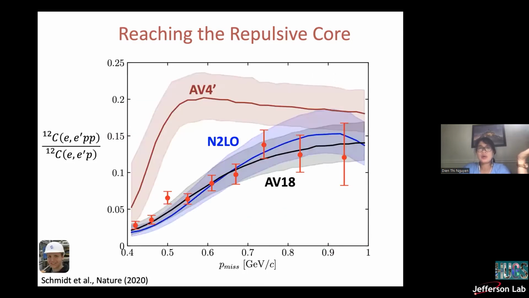And here is a comparison of different calculations, the same thing but using different models. You can see that the AV18 or N2LO here capture the data pretty well, and it depends on the cutoff of the N2LO. They capture the data well, but depending on the model, they have a different uncertainty band.